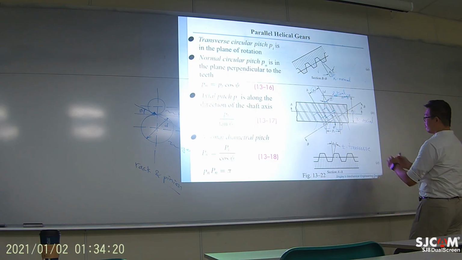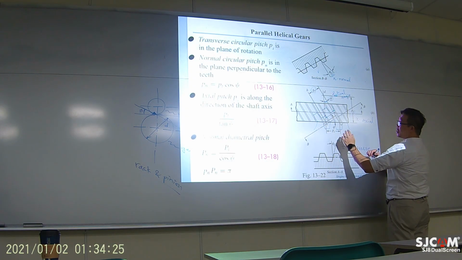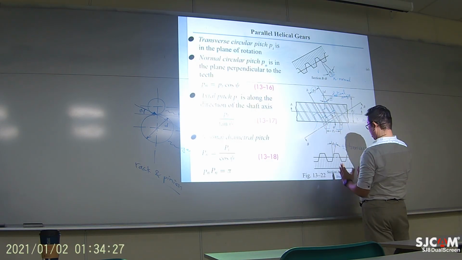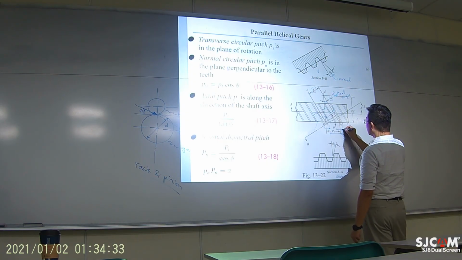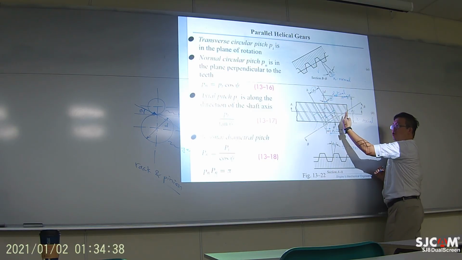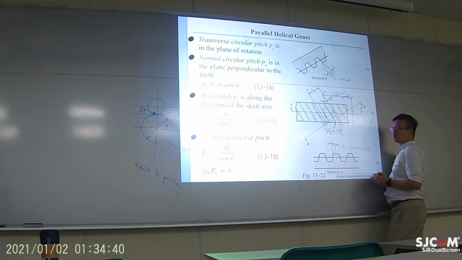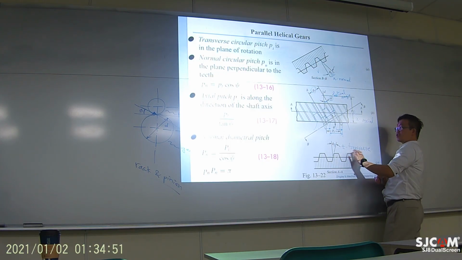So if you observe from this side, you will see like this, right? And the pitch along this direction. If you pick up a point here and measure the pitch along this observation direction, it's like you are observing the gear on the side.